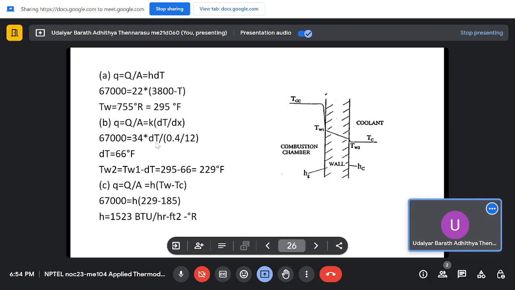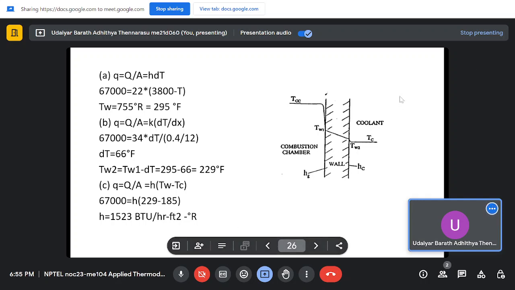So dT, the temperature difference, will be 6 degrees Fahrenheit. So the outer wall temperature Tw2 will be Tw1 minus dT, which gives me 229 degrees Fahrenheit.